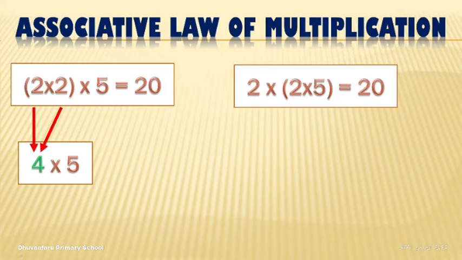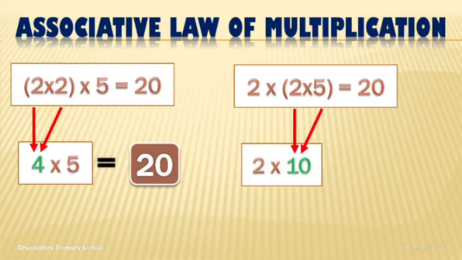What is 4 times 5? 4 times 5 is 20. You are correct. Now we can do the problem on the right side of the board.